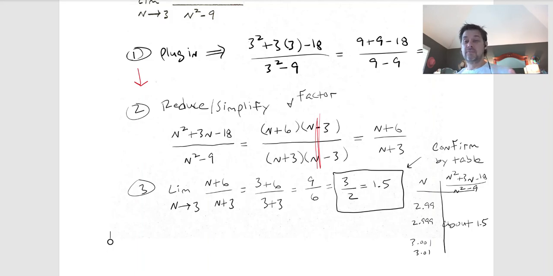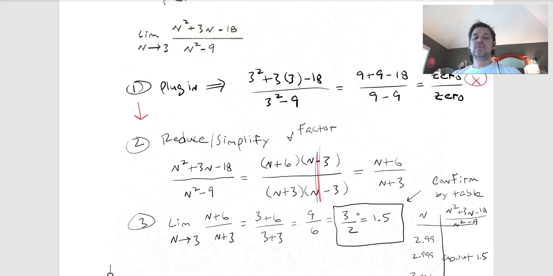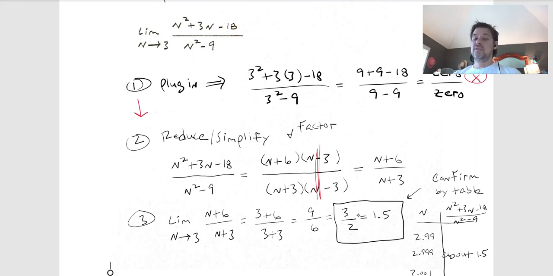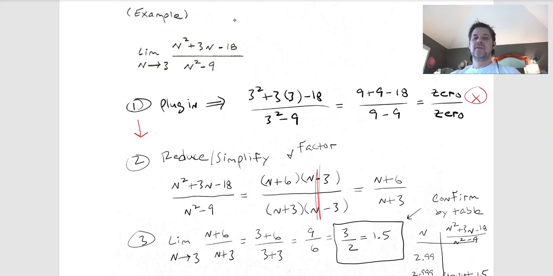So there are different ways that you can do it. I'll say follow the instructions on the assignment. The instructions on the assignment might say to solve this problem analytically.